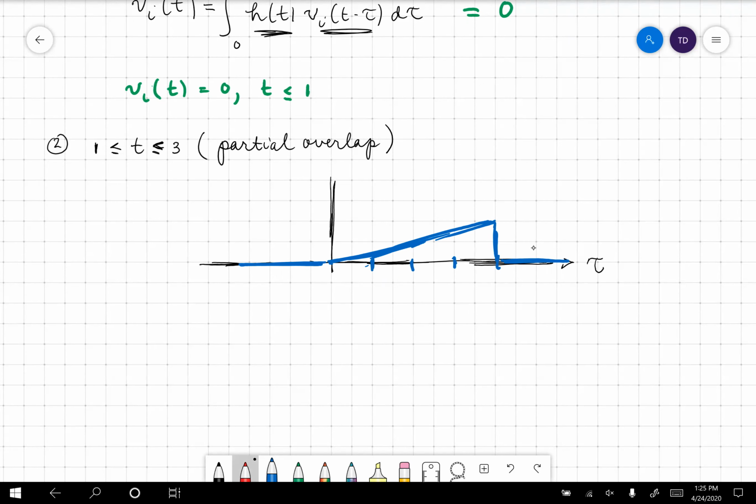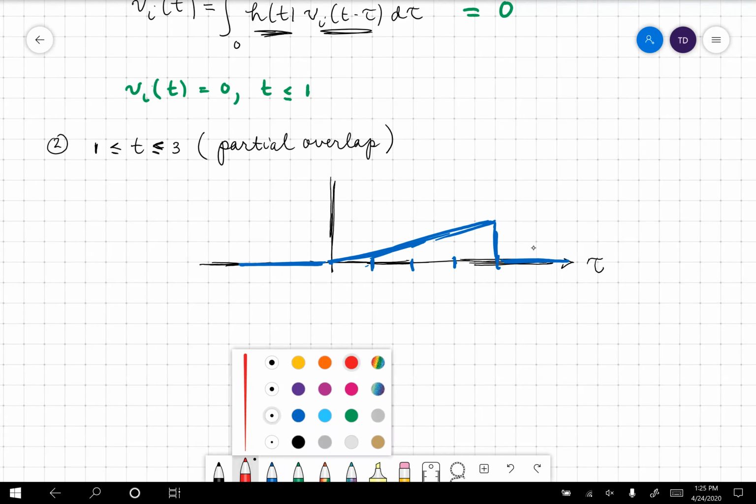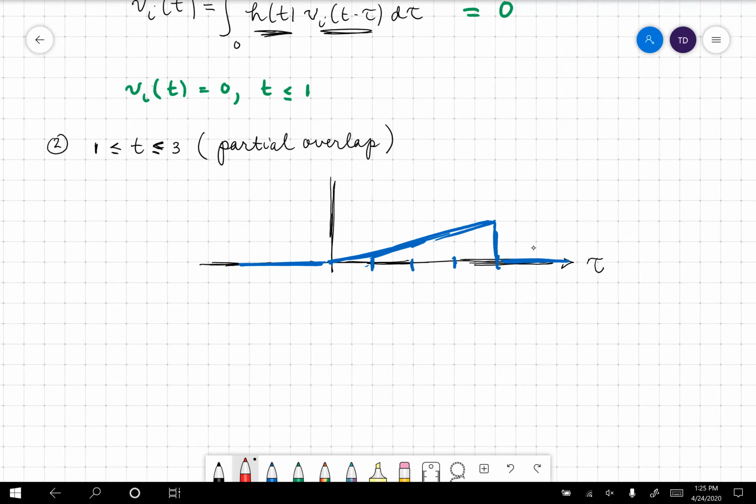Because we're restricted to t between 1 and 3, I have a partial overlap. Some of it's here, some of it's over on this side. The rest is 0, and 0 times anything is 0.